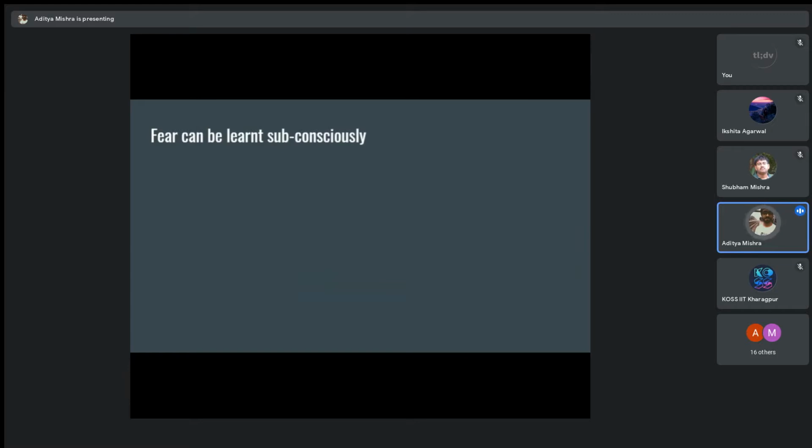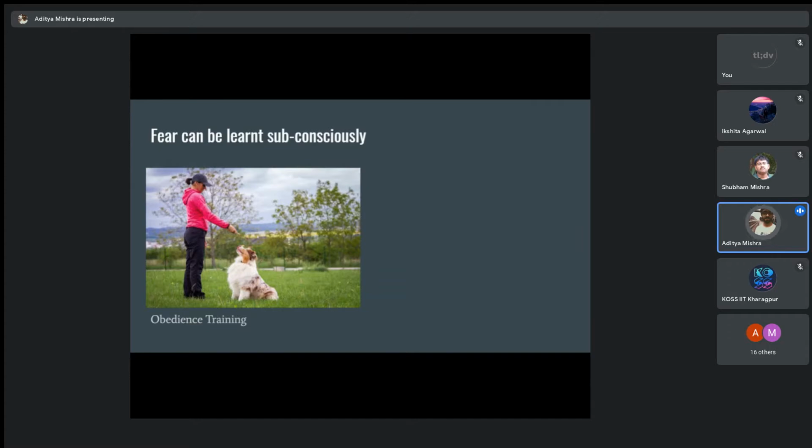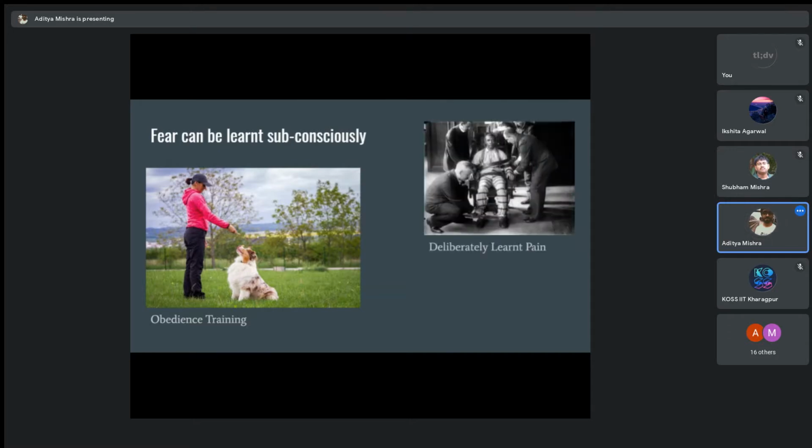Fear can be learned subconsciously. Similar to obedience training in dogs, when your pet does something desirable, you give them treats, which trains their brain to do that thing again. As for humans, it's not quite as pleasant.